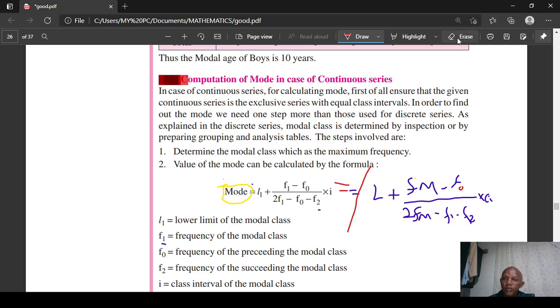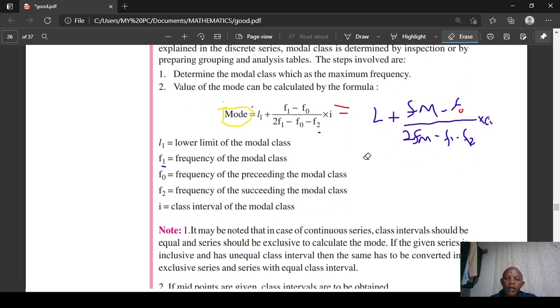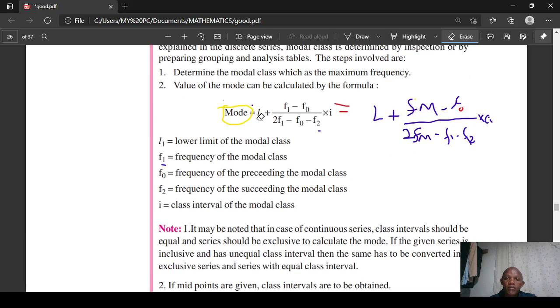This formula is basically the same. Now I insist that L is the lower class limit of the modal class. So our task is basically just to compute, having known the others.